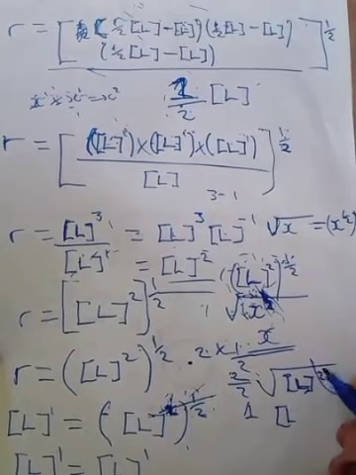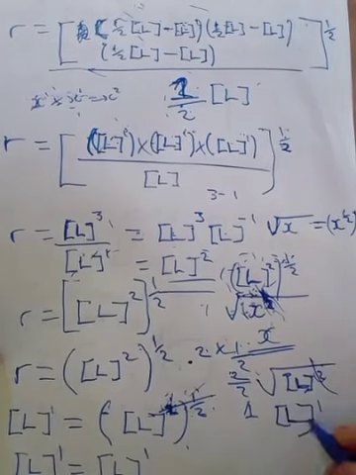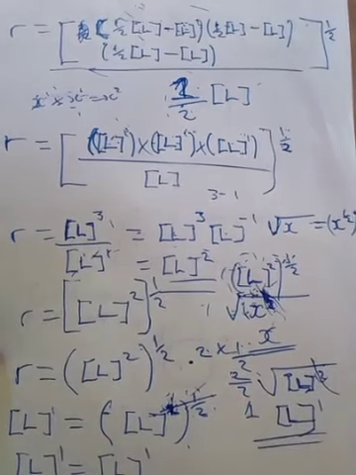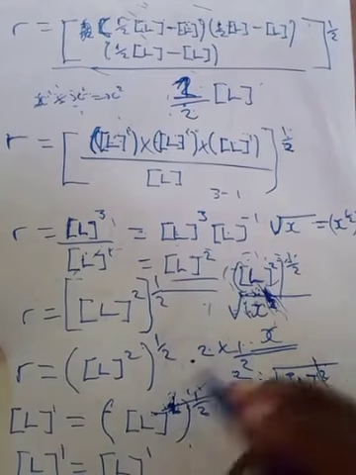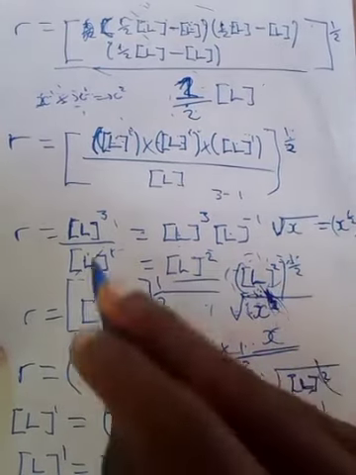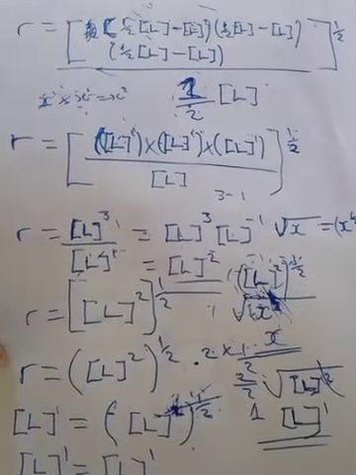They even write like this, still the same. It is just that this method is very easy to understand. I didn't want to complicate things. I know some people are just allergic: the moment they see square roots, the radicals, they get confused about what this is. So we have shown this is how you do it.